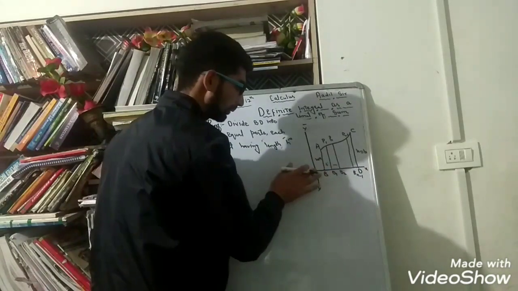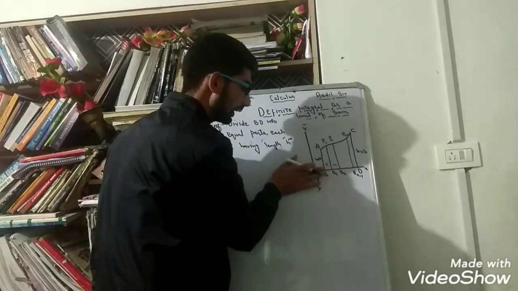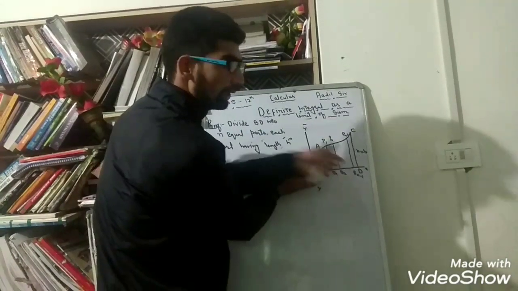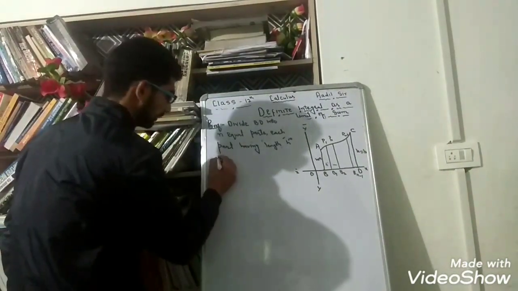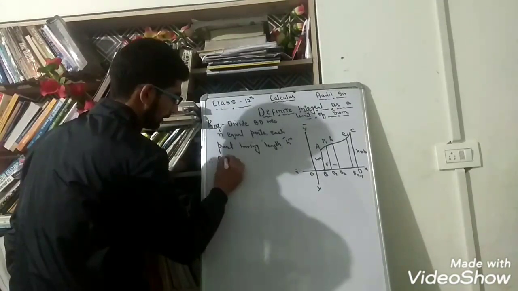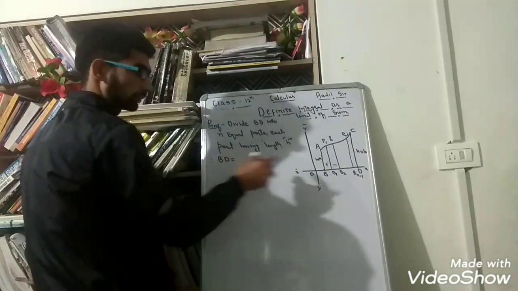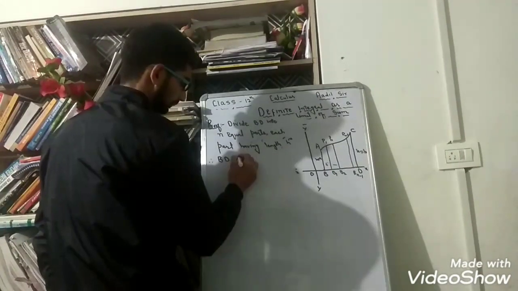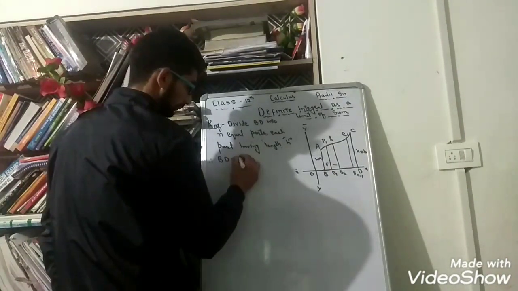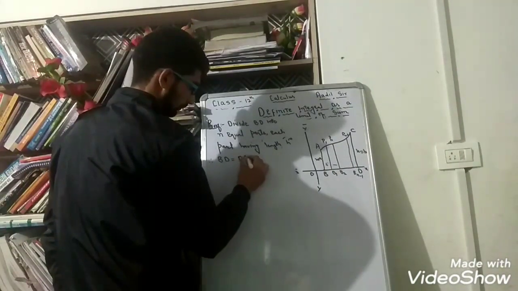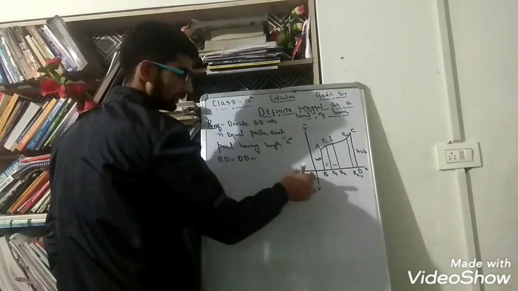When we subtract this OB from this OD, we will get the distance BD. So therefore BD is equal to OD minus OB.